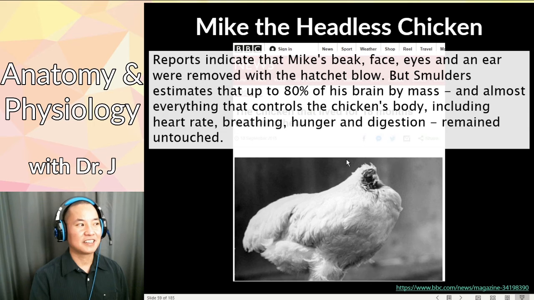And I think the way he died was kind of sad, because I think they took him on some sort of traveling sideshow or carnival show, and somewhere along the way, Mike choked on something, and they couldn't get the object out, and poor Mike suffocated to death. But still amazing, because the brainstem was intact, so Mike was still technically alive.